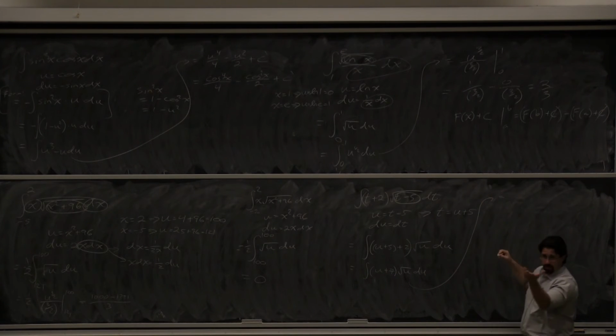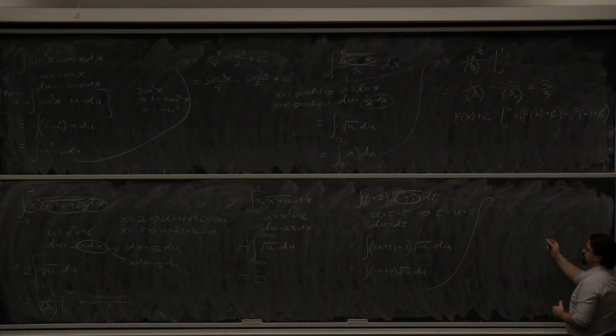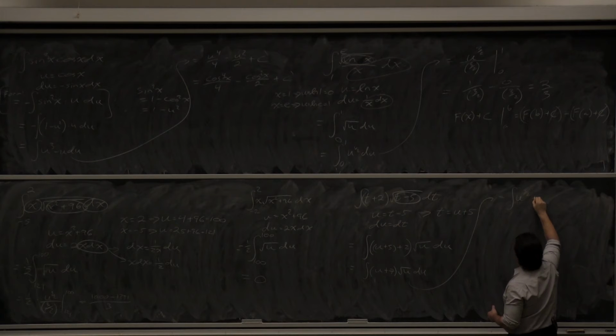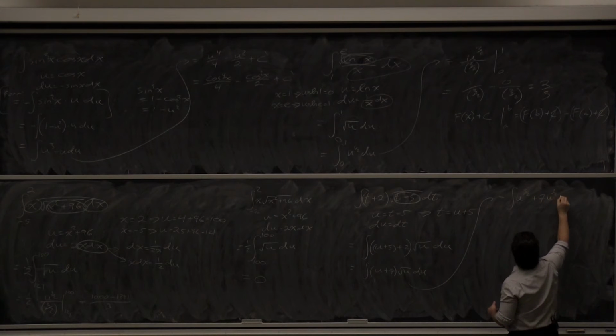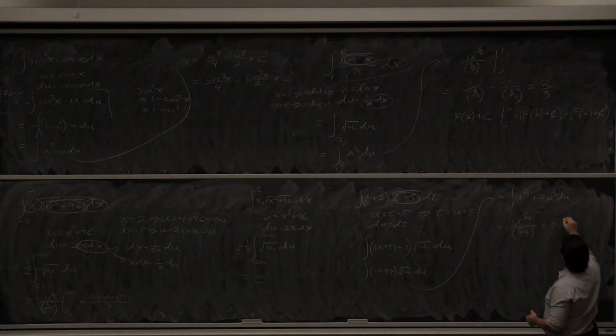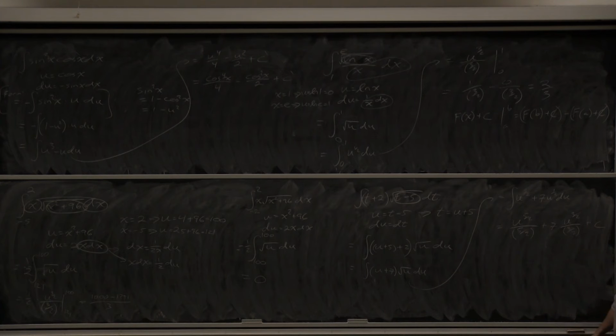Again, we don't have the product tool quite yet. We will sometime soon. So this is the integral of u to the 3/2 plus 7u to the 1/2 du. U to the 5/2 over 5/2 plus 7u to the 3/2 over 3/2 plus a constant.